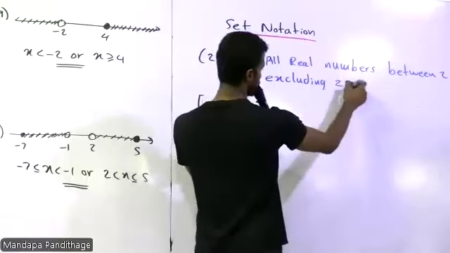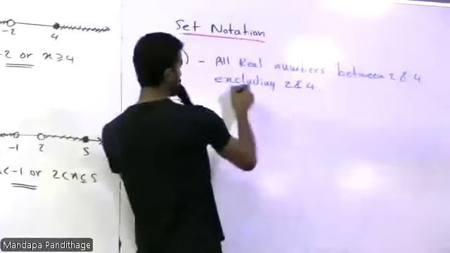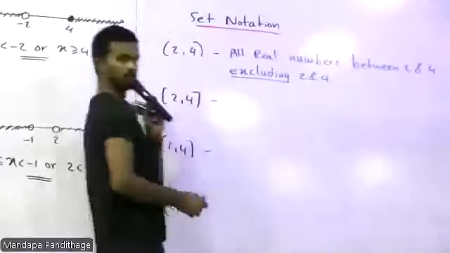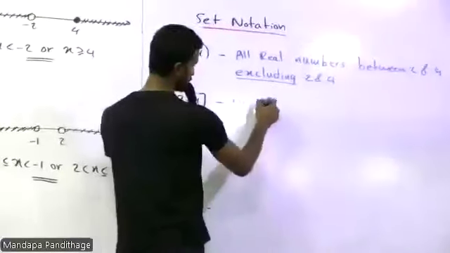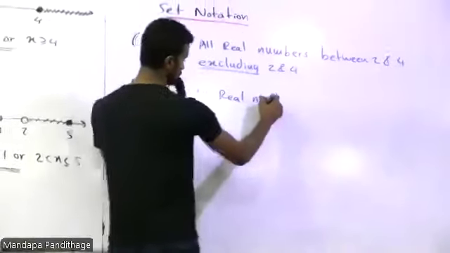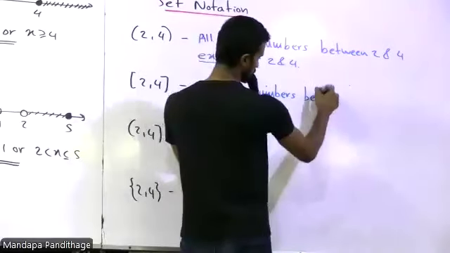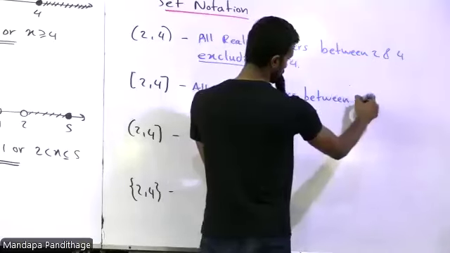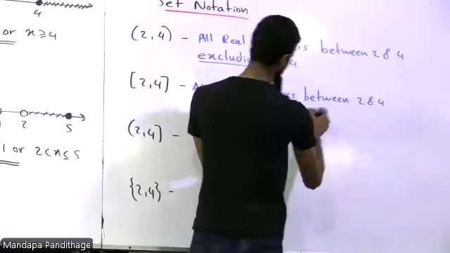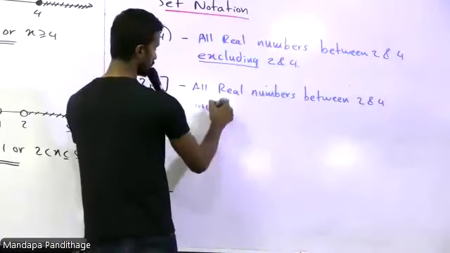In between 2 and 4, but excluding 2 and 4. So this one, same thing, all real numbers between 2 and 4. Okay, here we have included it, including 2 and 4.